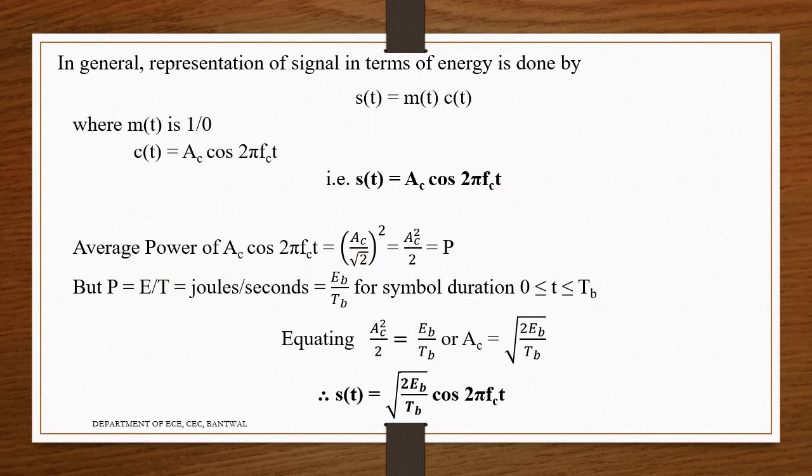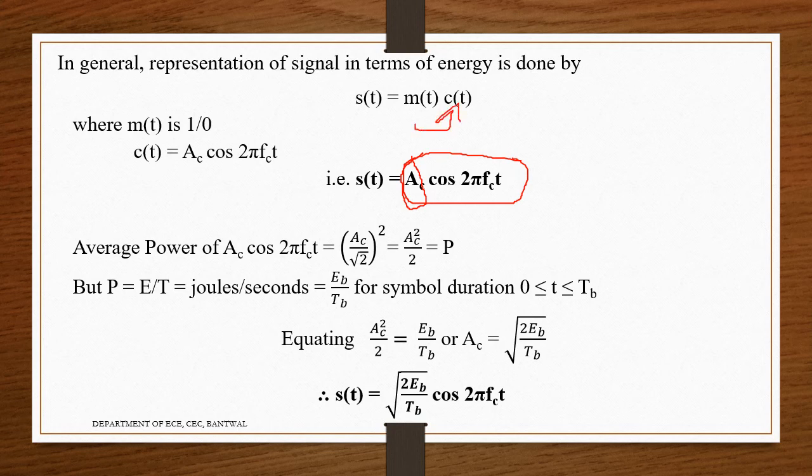The average power of this, for example, can be considered only with respect to AC cos of t. That is AC by square root of 2, the whole squared. So I can represent it as AC square divided by 2. That is the average power of the signal, because whatever the message is, it has been imposed on the carrier here.